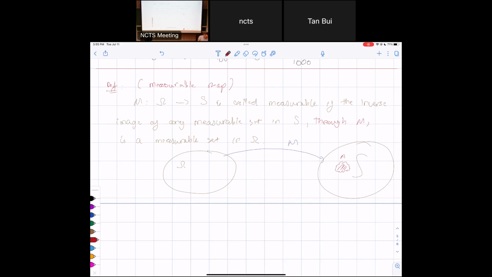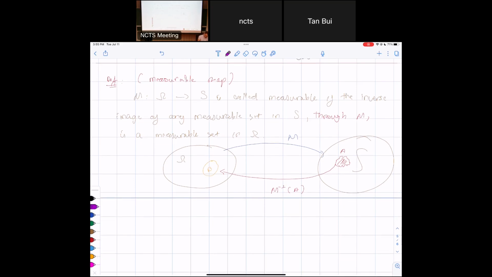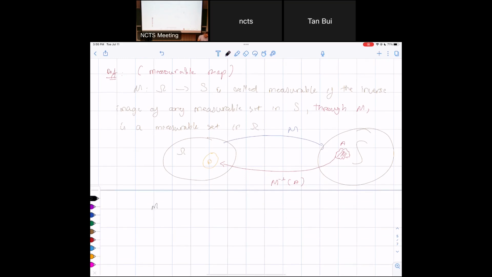The inverse image, you see the inverse, that means M inverse of A. Let's say it is B. So M is measurable if two things happen.